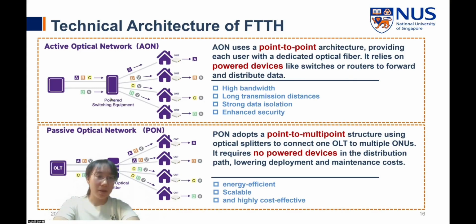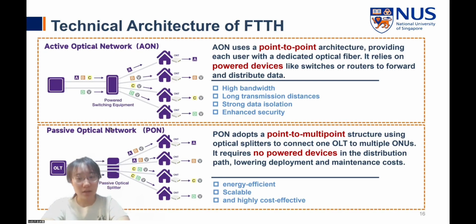For PON, the passive optical network, it adopts a point-to-multipoint topology, and it uses a passive optical splitter to distribute signals from the central OLT to multiple ONUs or ONTs.